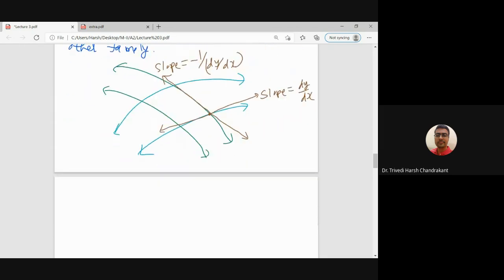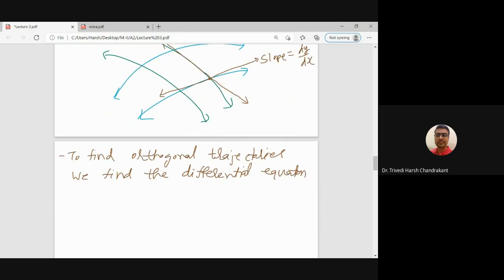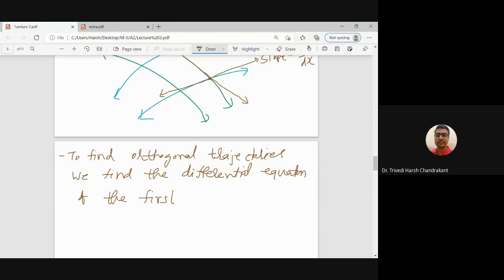So let's write down that to find orthogonal trajectories, we find the differential equation of the first family.